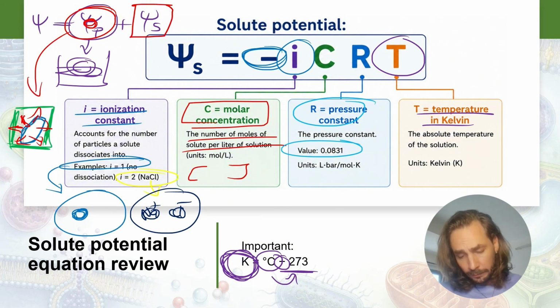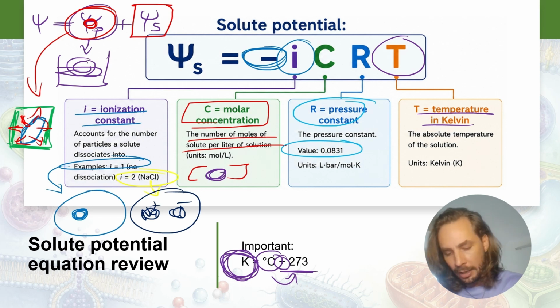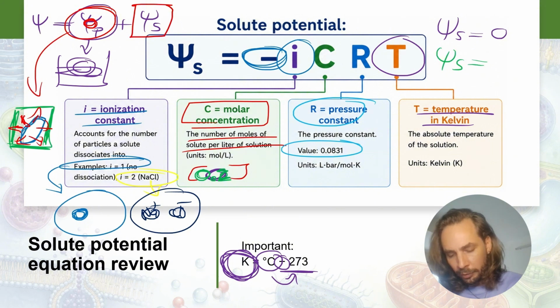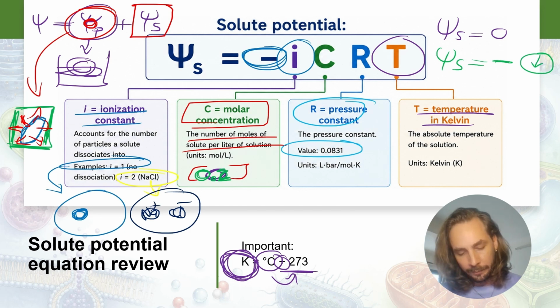So for example, if my molar concentration was 0, because this is pure water, it means that my solute potential is 0. If I increase the concentration, let's make it 0.2, then the solute potential would be a negative number, but a small negative number.